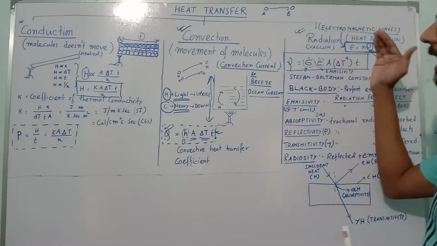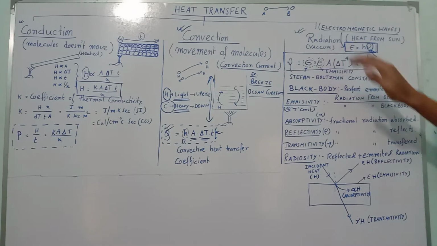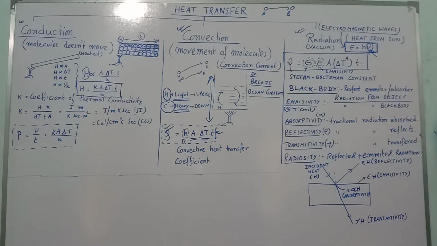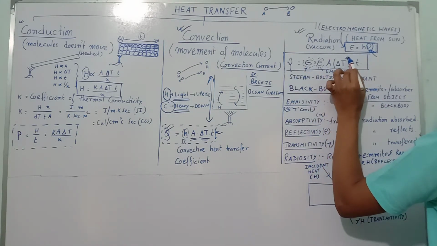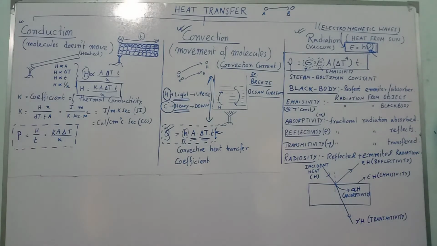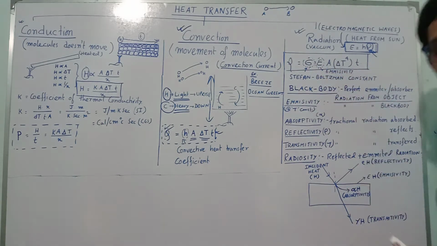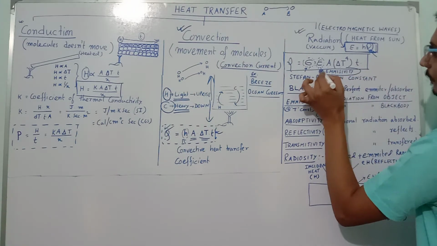So the amount of radiated heat Q is equal to sigma epsilon A delta T to the power 4 into time. That sigma is a constant called Stefan-Boltzmann constant, and epsilon is another constant which depends on the material of the object, called the emissivity of the object.